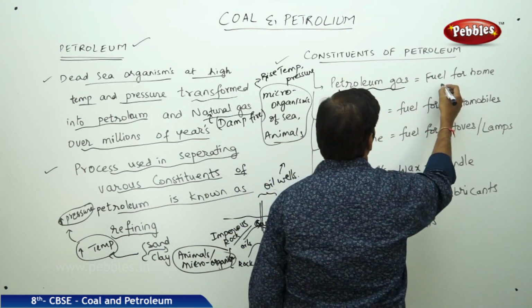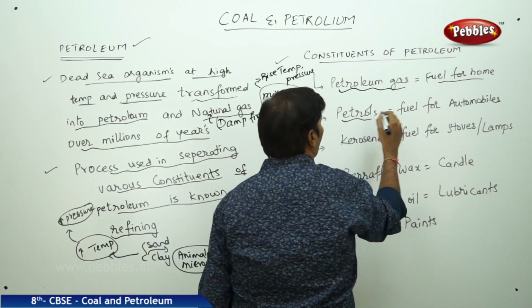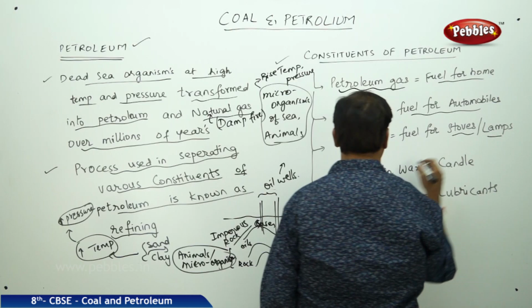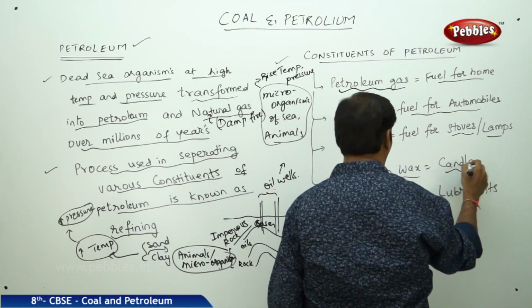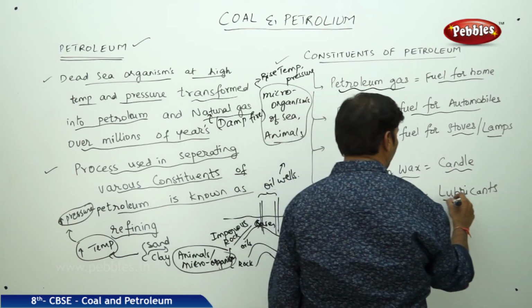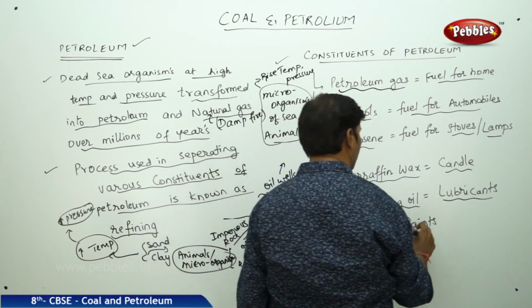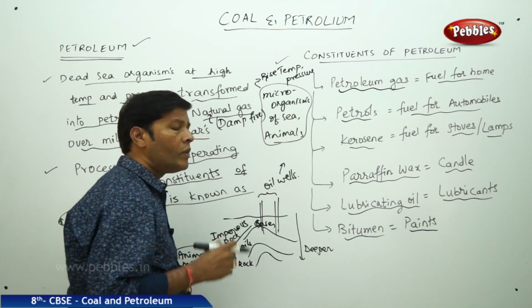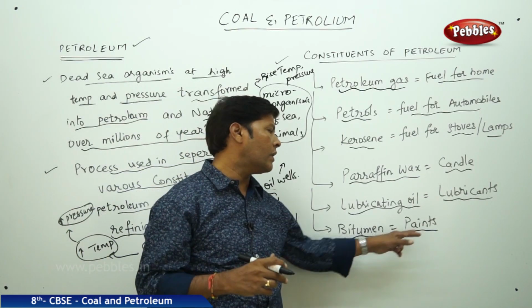One is petroleum gas. It is used as a fuel for home. Petrol is used for automobiles. Kerosene is used for stoves and lamps. Paraffin wax is used for candles. Lubricating oil is used for lubricants, and bitumen is a special type of crude liquid which is obtained, and it is used in paints.